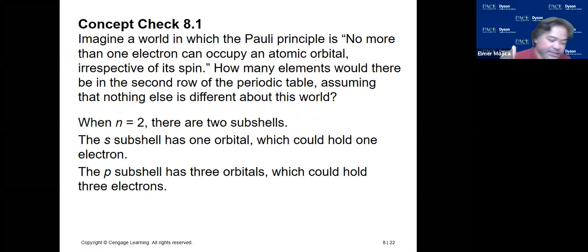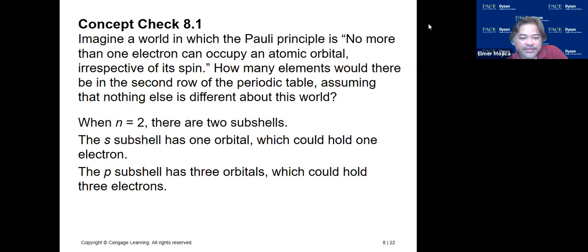So here, let's look at here. So imagine a world in which the Pauli principle is that no more than one electron can occupy an atomic orbital irrespective of its spin. So how many elements would there be in the second row of the periodic table, assuming that nothing else is different about this world? So when n is equal to 2, there are 2 subshells, right?